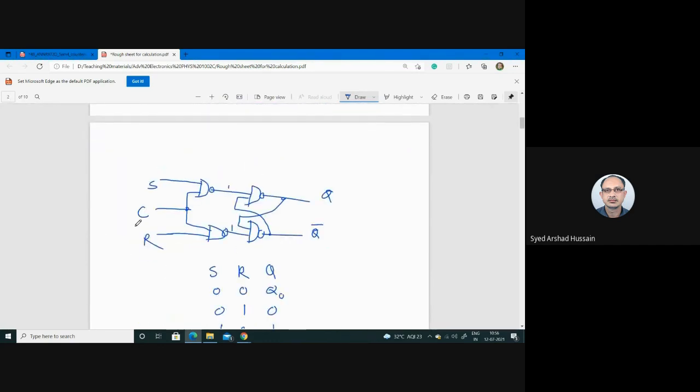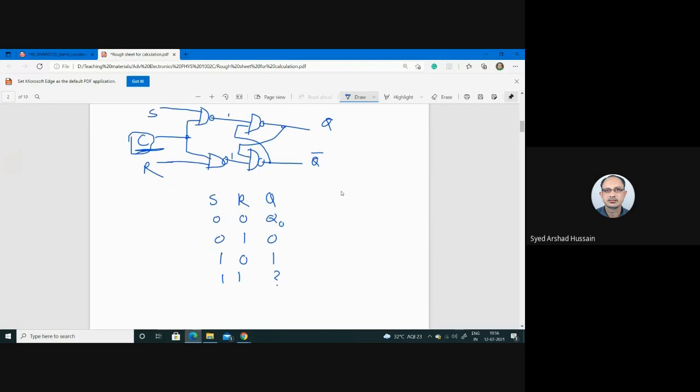So just by putting a controlling clock pulse, another pulse to control the circuit, it will function. Even if you change S and R, your output may not change depending on your control input C. As long as C is in the high state, your output will change.